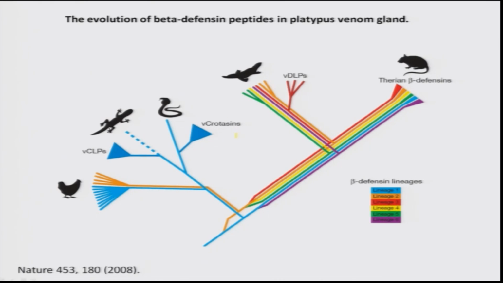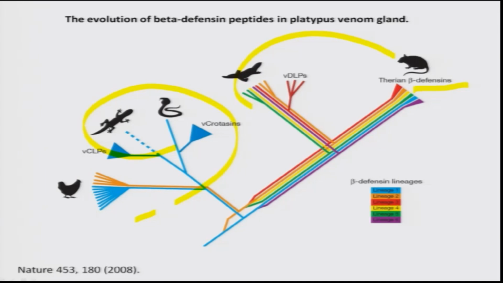It's not that it is closer to the reptiles, because you have the snakes and they have venom. Again, these proteins are more closer to the mammals, and we also have this same protein, defensin, which the platypus uses as a toxin.